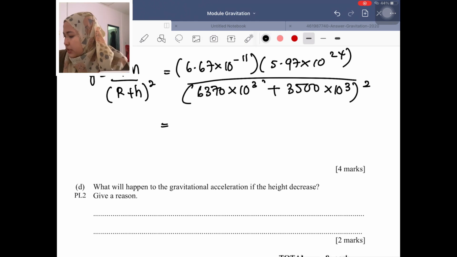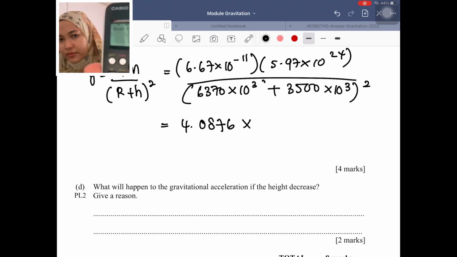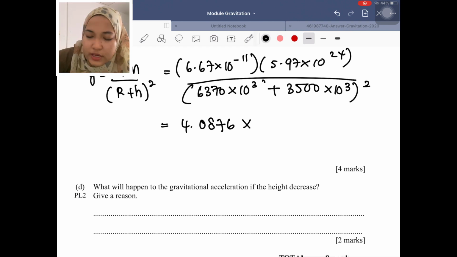So we will get 4.0876. So bagi je lah berapa banyak yang kita dapat. So bila gravitational acceleration, so meter per second square.